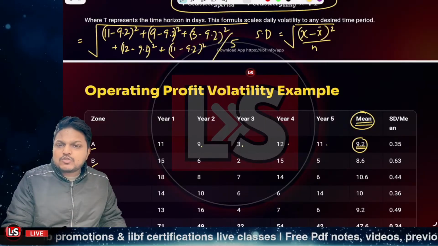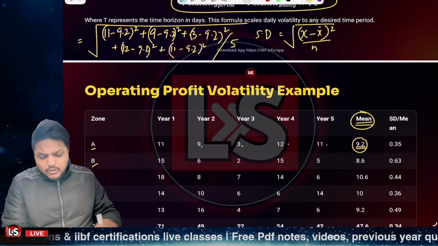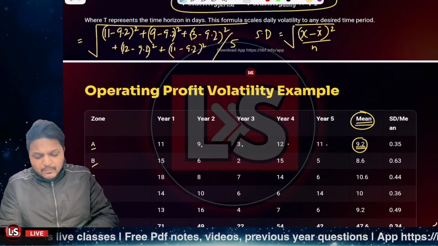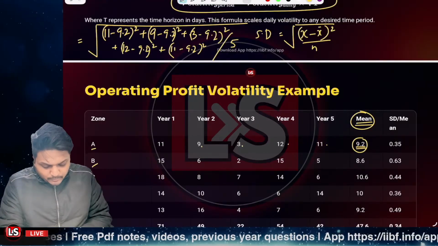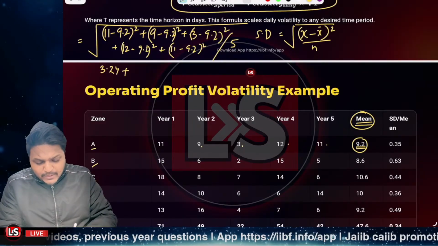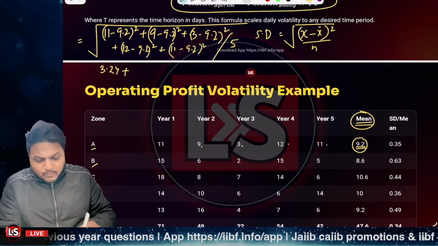So this is what we need to solve. Very much easier, don't worry. 11 minus 9.2 is 1.8, multiplied by 1.8, so it is 3.24. The first term is 3.24 plus 9 minus 9.2, that is 0.2, multiplied by 0.2, that is 0.04.